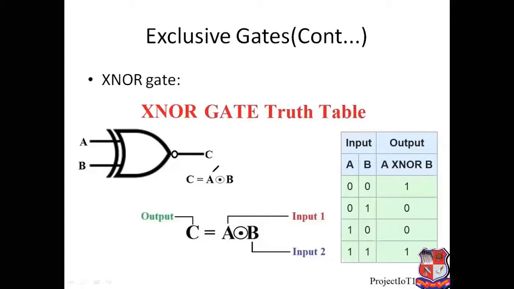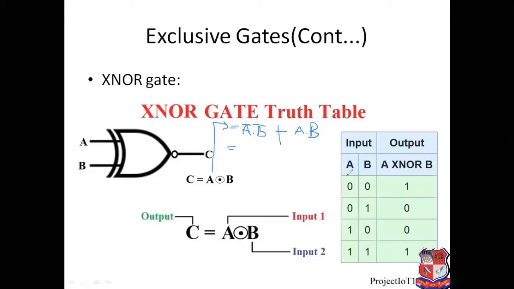If I will expand this equation, then it will be like A bar into B bar plus A into B. So now we will put the value of A and B and check what is my output.